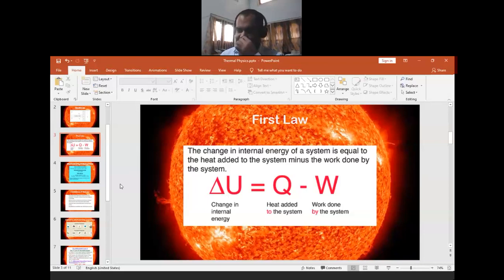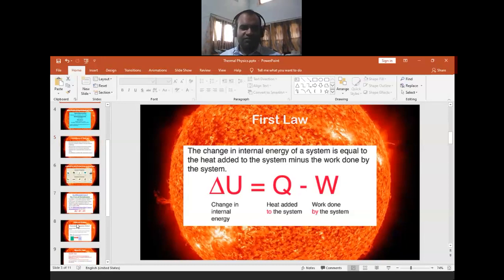No, because internal energy involves potential energy and kinetic energy. If you supply heat, the molecules will gain kinetic energy, and their total internal energy will increase. Therefore, the delta U term cannot be zero. So the total amount of heat you supply to the system cannot be converted to work. That is a limitation of the first law of thermodynamics.